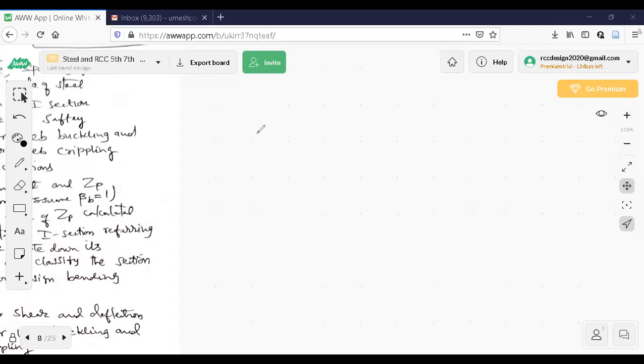Now what is done here is, I'm taking one common theory for both RCC as well as steel. How you design a beam is the question.